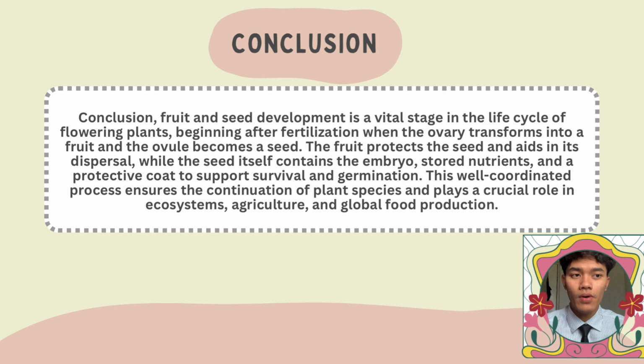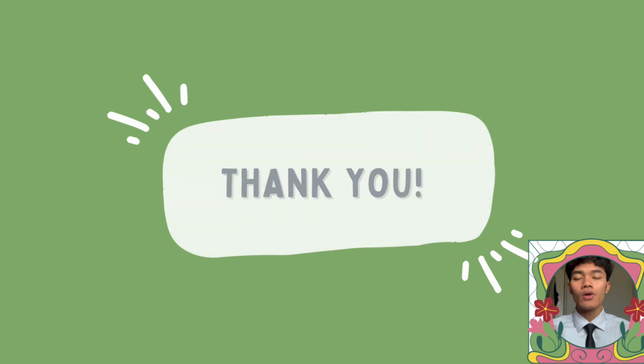The fruit protects the seeds and eggs in its deposit, while the seed itself contains the embryo, stored nutrients, and a protective coat to support survival and also germination, to protect them from animals and pests. This well-coordinated process ensures the continuation of plant species and plays a crucial role in ecosystems, agriculture, and global food production.